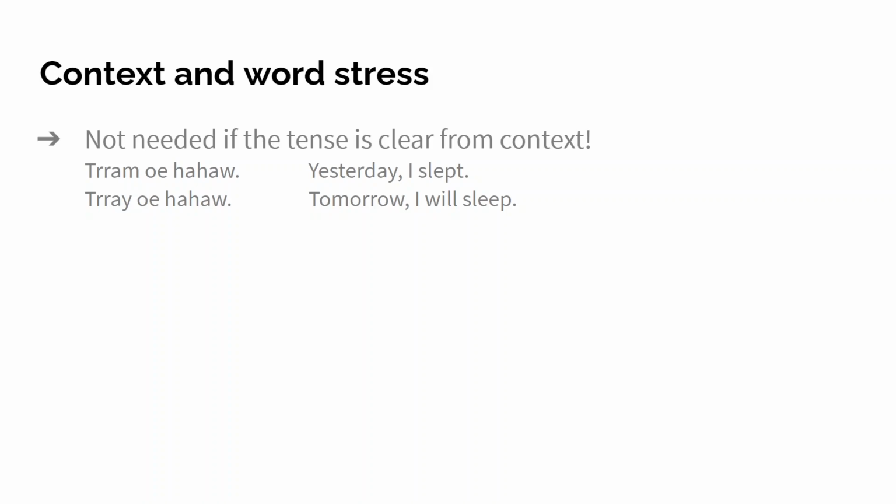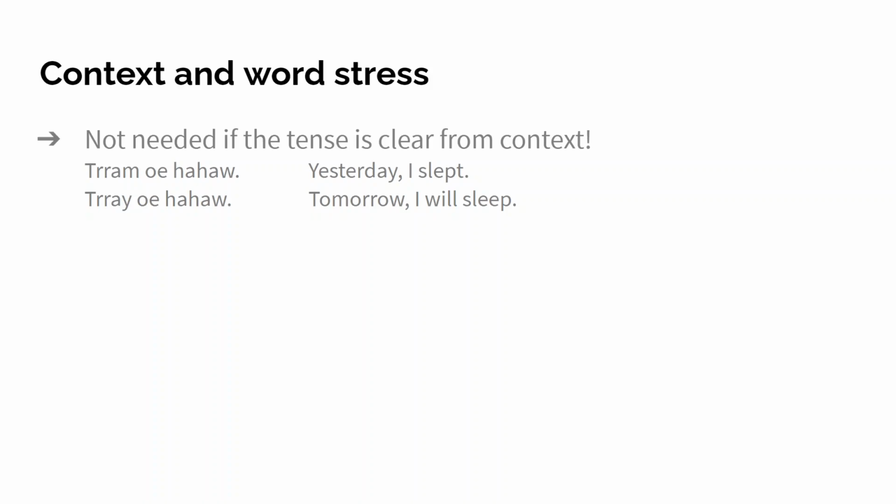The Na'vi don't like to say things twice. So for example, dram oehahau, yesterday I slept. The dram already says it's in the past, so why would I need the past infix here to show that? We already know that. Same also for drai oehahau, tomorrow I will sleep. Here we have adverbs showing the time already, but actually also if we don't have these adverbs in the sentence, but it's already clear from context that you are talking about the past or future, you still don't need the infix in the sentence.